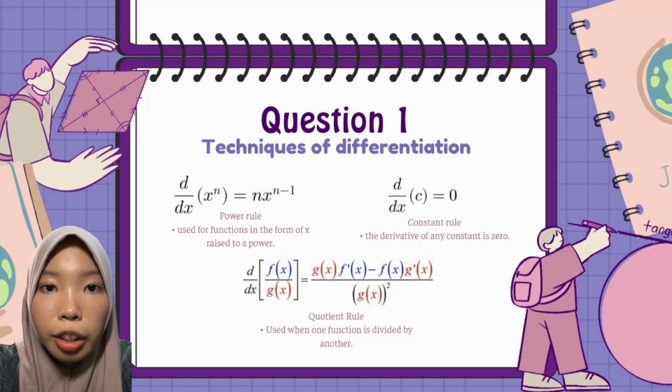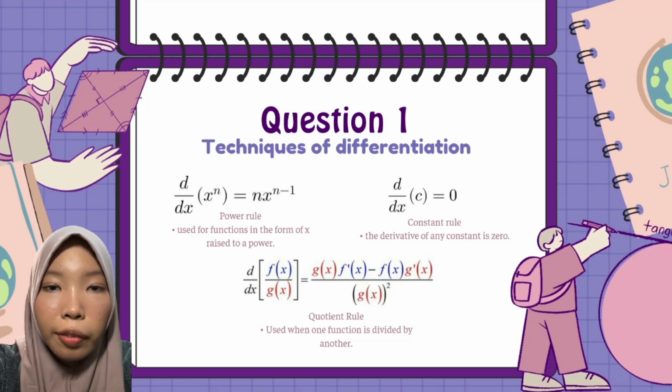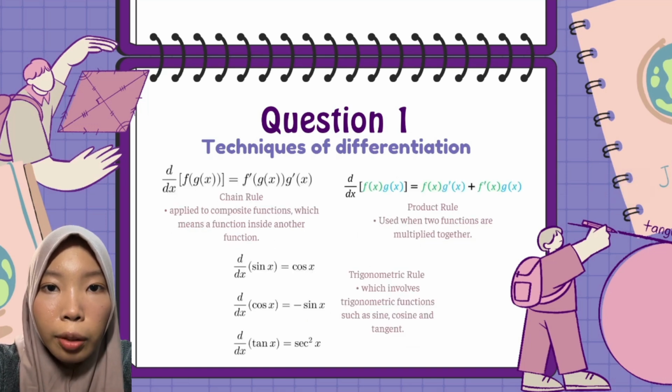Third is the quotient rule, used when one function is divided by another function. Fourth is the chain rule, applied to composite functions, which means a function inside another function. Fifth is the product rule, used when two functions are multiplied together. Sixth is the trigonometric rule, which involves trigonometric functions such as sine, cosine, and tangent.